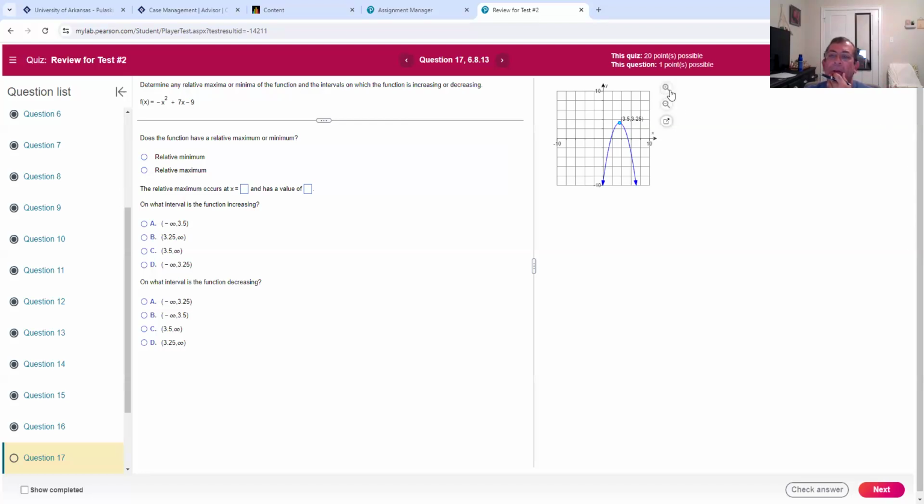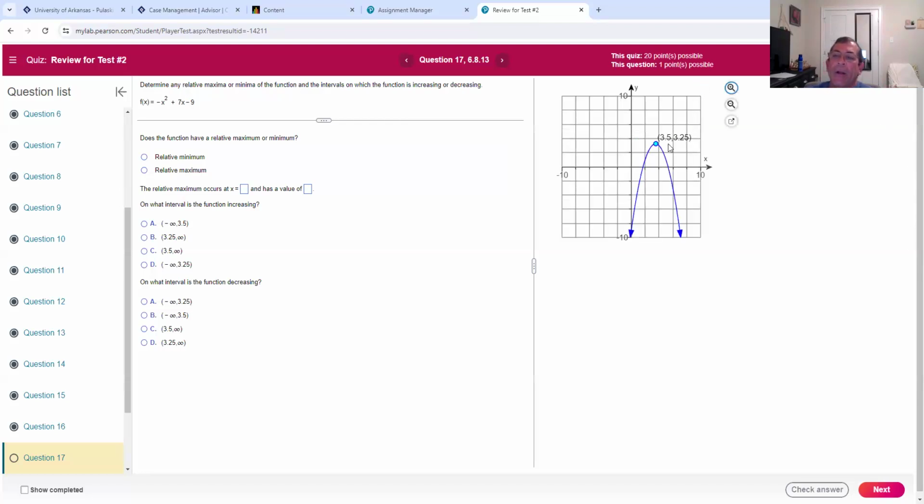So y'all, let's make this one a little bigger here. Now look, they're giving me the vertex. The vertex says 3.5 and then 3.25. That is the vertex. Okay? So it says over here, does it have a relative max or minimum?